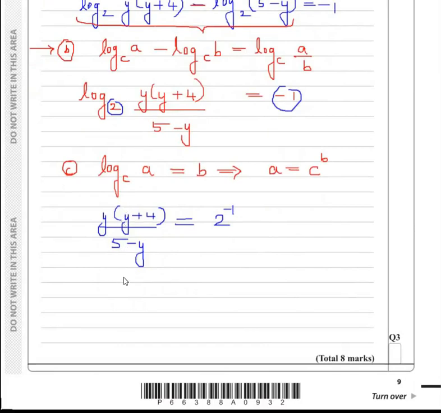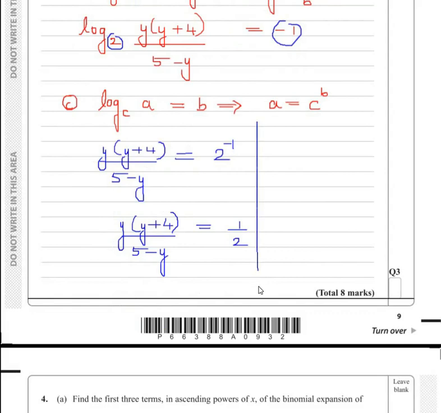Let us solve this now. (y plus 4) over (y minus 1), 2 to the power of -1 is 1 over 2. Cross multiplying both the sides, we get 2(y plus 4) is equal to (y minus 1).